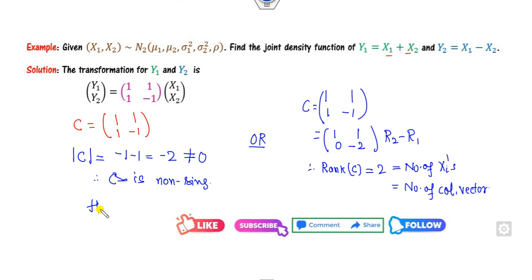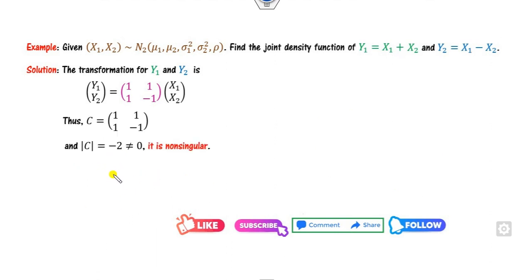So hence, if C is my non-singular, what does it mean? That means this Y will follow, what is the rank of this? Rank of this matrix is my 2. So it will be the 2-dimensional multivariate normal distribution with C mu and C sigma C transpose.